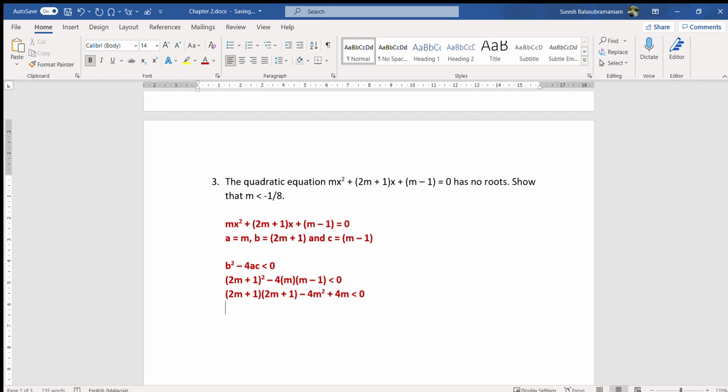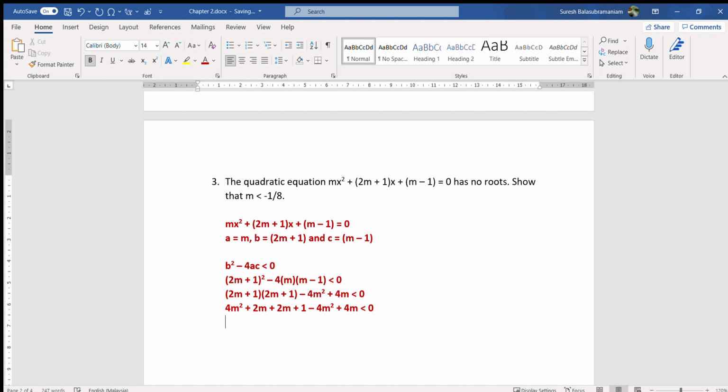Okay, so expand, get 4m square, then plus 2m plus 2m plus 1 minus 4m square plus 4m less than 0.